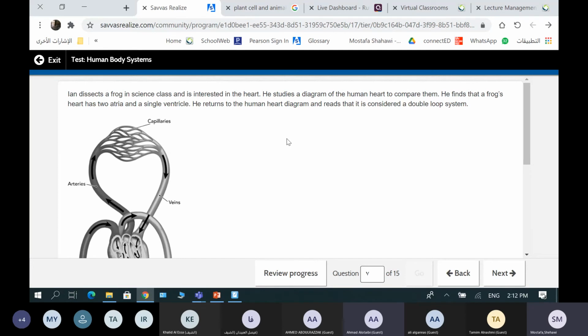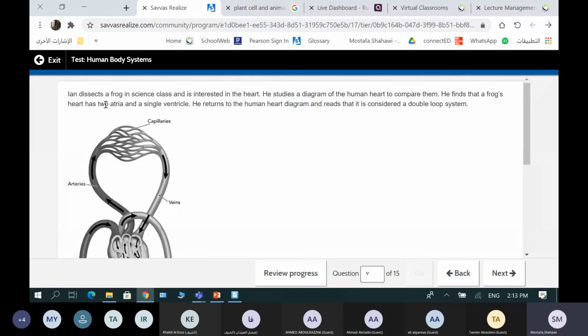To compare them, he finds the frog heart has two atria and a single ventricle. He returns to the human heart diagram and reads that it is considered a double loop system.